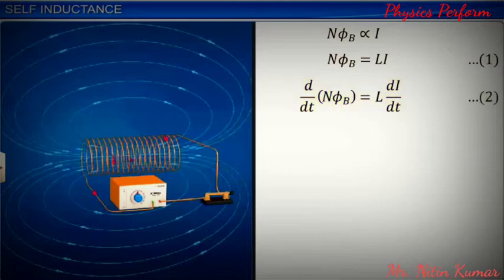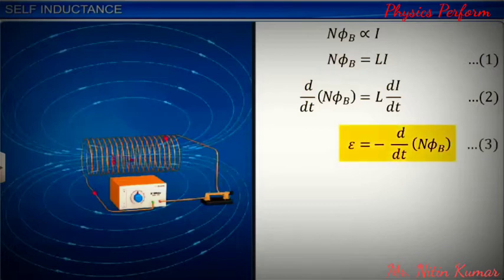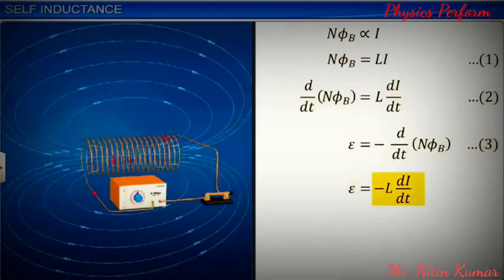From Faraday's law, for a coil of n turns, the self-induced EMF E is equal to minus d/dt of nΦB. Let this be equation 3. Comparing equations 2 and 3, we get the equation E = −L dI/dt. Let this be equation 4.